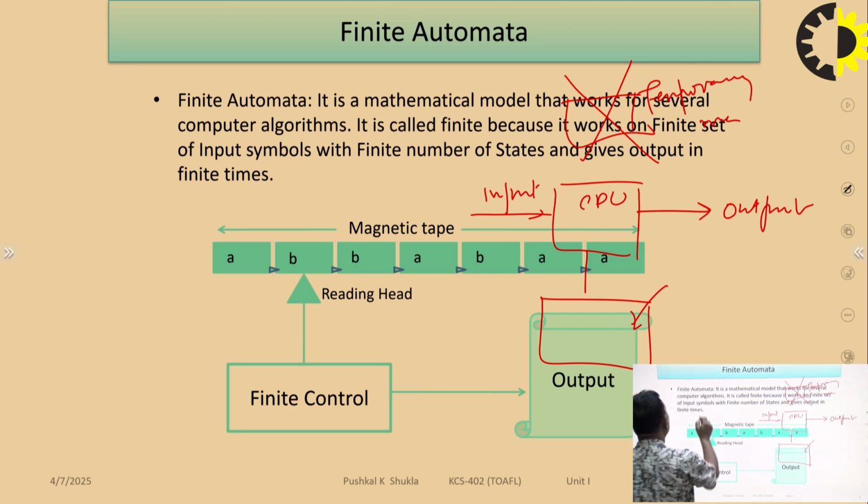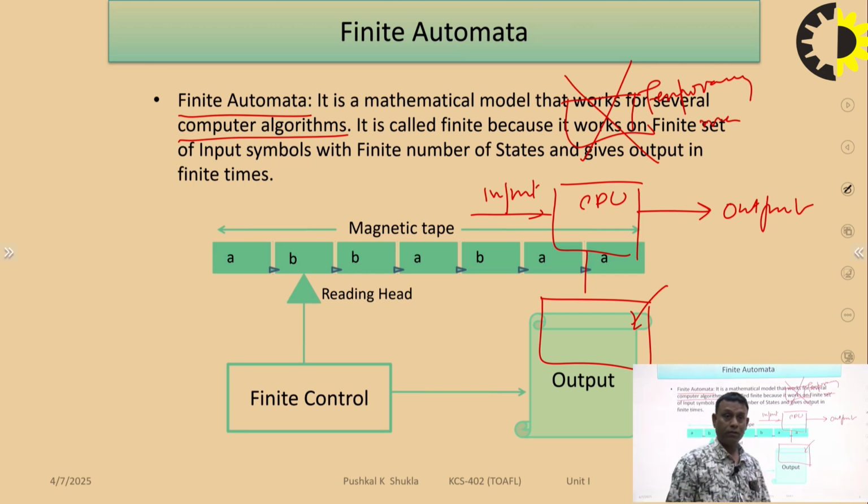So what is a finite automata? It is a mathematical model that works for several computer algorithms. It is called finite because it works on a finite set of input symbols and a finite number of states.